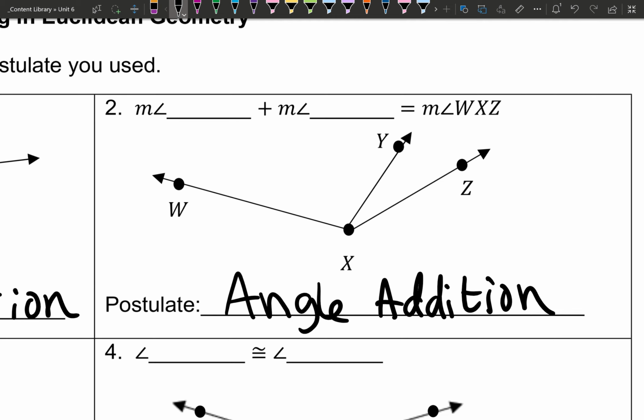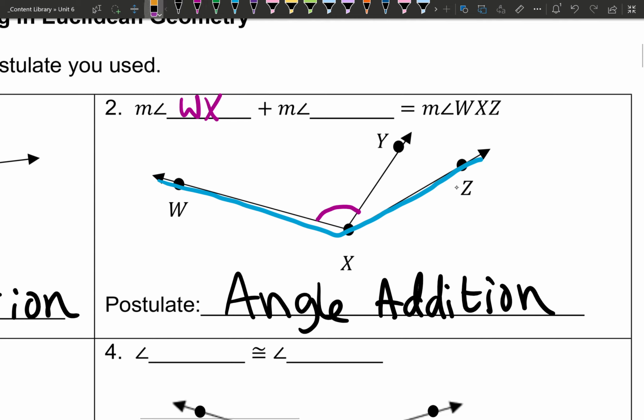Hey, not creative, but easy to remember because it says exactly what it's doing. Well, what two angles can we add to make WXZ? Well, WXZ is this whole angle, and that is made up of two smaller angles. It's made up of this one, which we can call WXY.